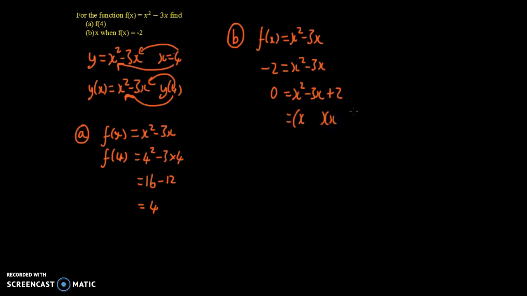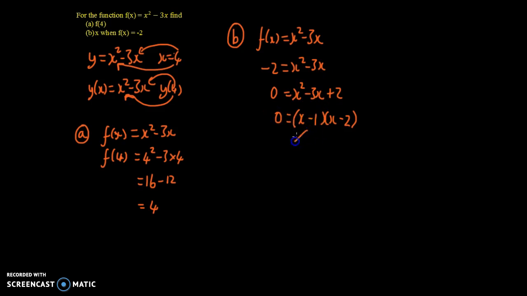So in this case we've got a trinomial, and it's a 1x squared trinomial, so let's put an x and x at the front. Now we've got two numbers, multiply to give 2, add to give negative 3. So they are those numbers, negative 1 and negative 2. They multiply to give 2 and add to give negative 3.